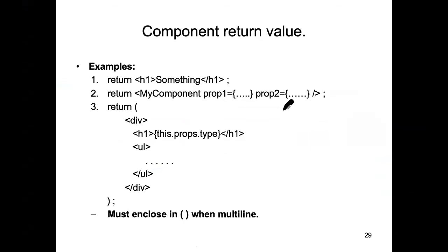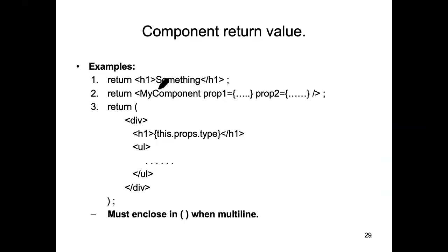Now, a component returns JSX, which is obvious in one sense, but sometimes we will make a mistake. A component can only return a single JSX snippet. I've got some examples here, some of which aren't very useful though. That's a valid return statement from a component, because that is a single JSX snippet, albeit static.